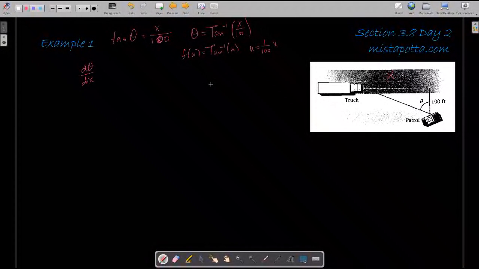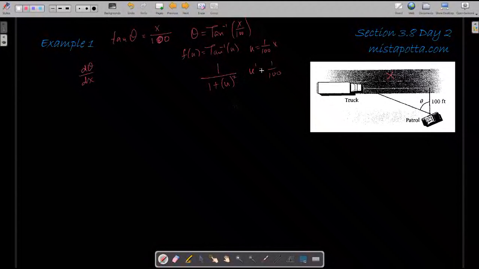Instead, I think of it as a coefficient times x. And so the derivative here would just be 1/100th. And for tan inverse of u, remember the formula is 1 over 1 plus u squared.